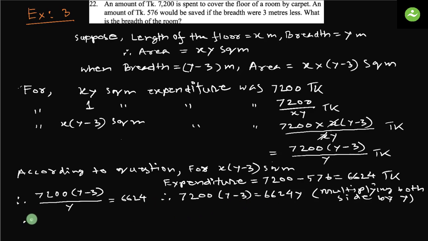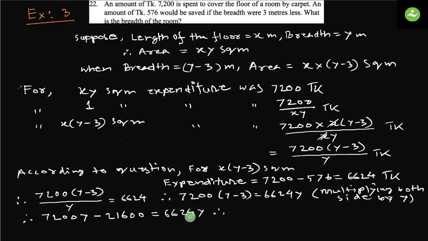So next step, we just simplify this part. 7200y minus 21600. 3 into 00, 3 into 00, 3 into 2, 6, 3 into 7, 21. So equals to 6624y.